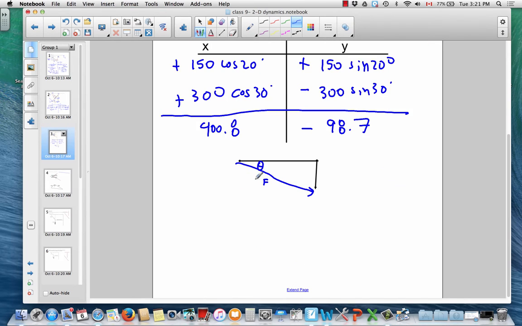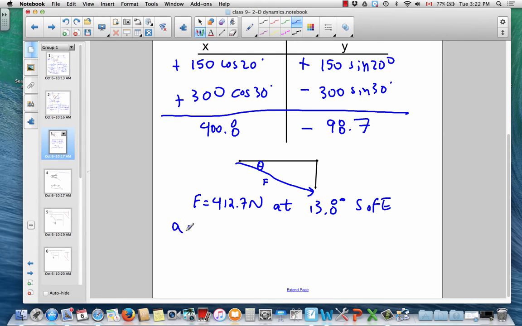So just doing Pythagoras on those two components, we get a resultant force of 412.7 newtons. And then if we do a tangent ratio, don't worry about the minus sign, tan theta being 98.7 over 400.8, we get an angle of 13.8 degrees, and that's a south of east angle.